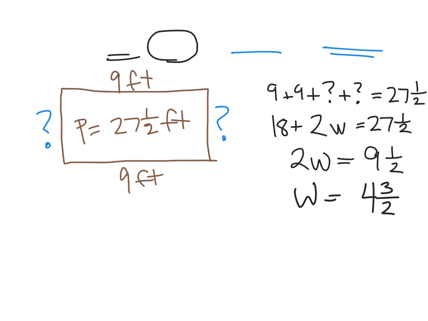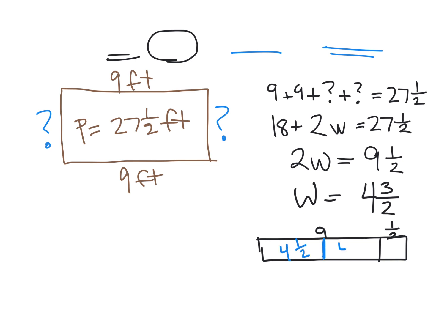How might parents and teachers, you might say, how do we show that? Well, one way you might show it is to take 9 1/2 and break it up into 9 and 1/2. And then if I want to cut the 9 1/2, I'd cut it in half. What do I get? Well, that's 4 1/2 plus another 4 1/2. Whoa, 4 1/2. And if I wanted to take this half and cut it in half, what would I get?